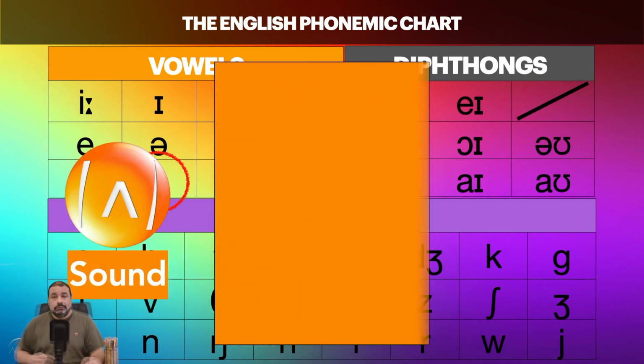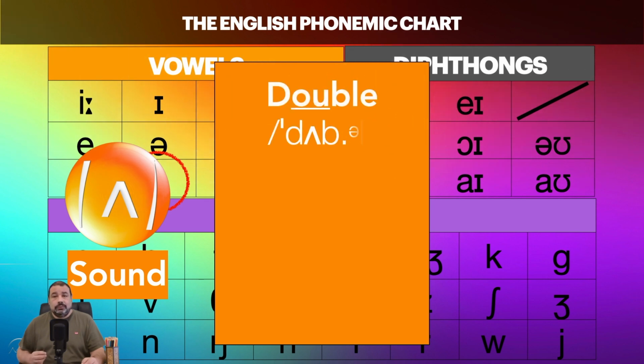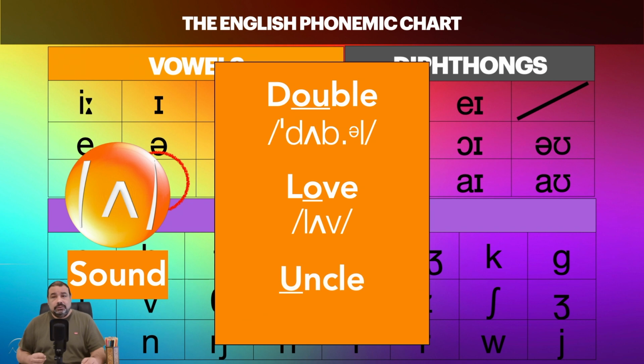Now, this sound takes the pronunciation of the vowels O and U in the word double. It is the sound of the letter O in the word love. And it is the letter U in the word uncle.